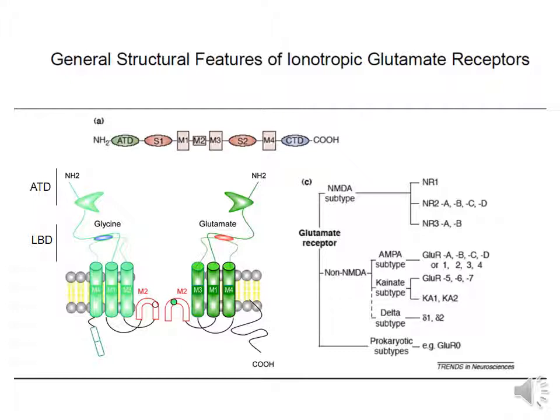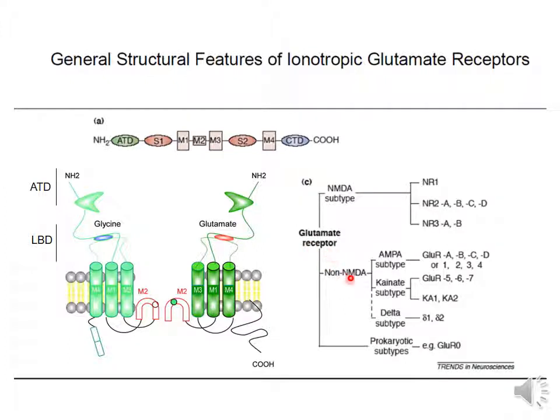And there is a uniqueness in the ligand binding domain of the different subunits of the glutamate receptors. Some subunits can bind glycine, and some subunits can bind glutamate. So depending on how the subunits assemble, they're going to have affinity for both glutamate and glycine. Based on this, the glutamate receptors can be subdivided into 2 categories.